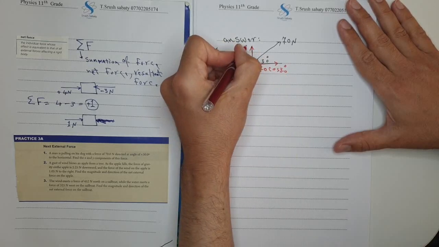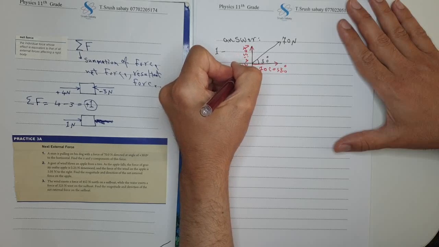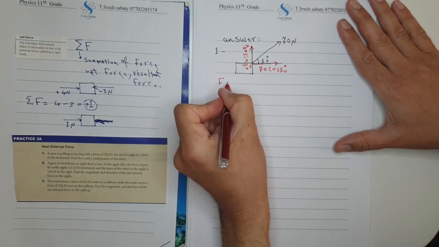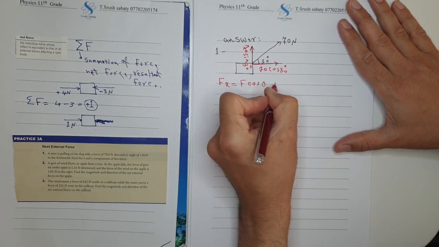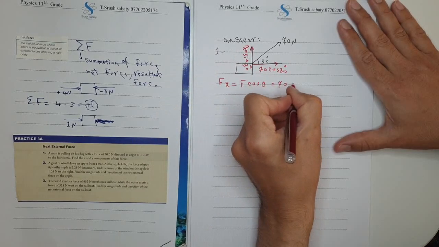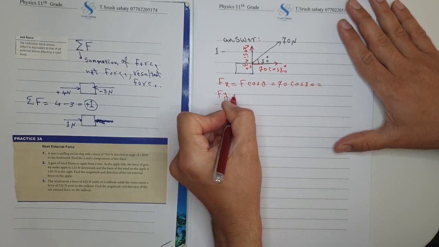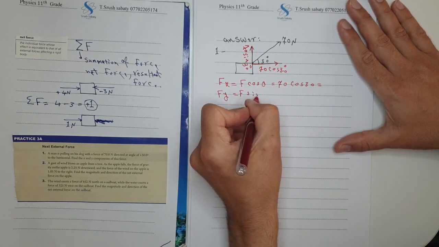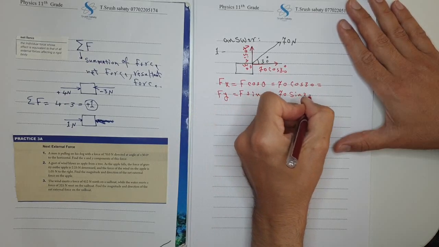The other will be 70 sine 30 degree. So f on x is equal to f cosine theta, 70 cosine 30, and f on y will be f sine theta, 70 sine 30.